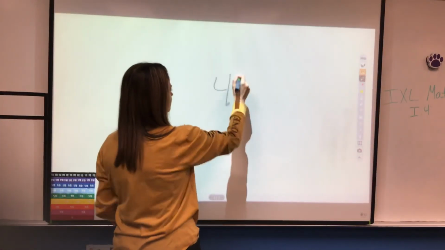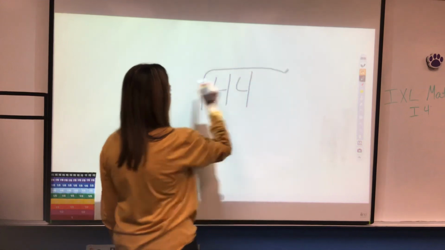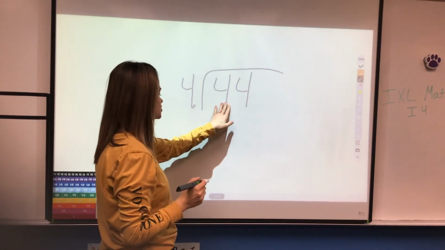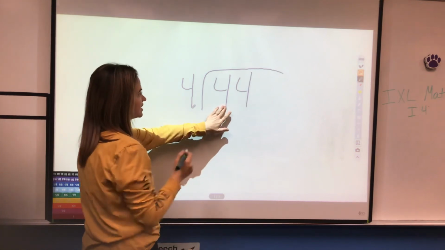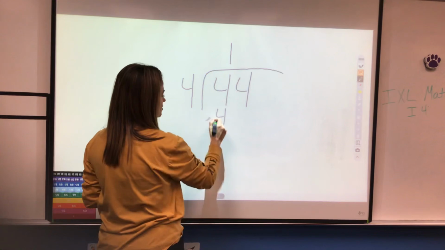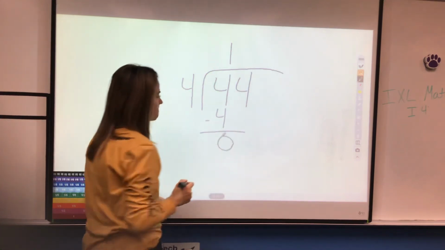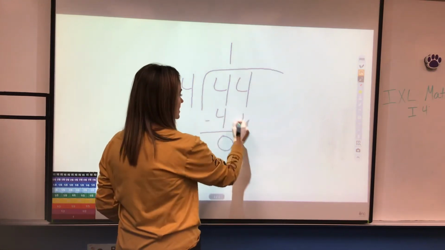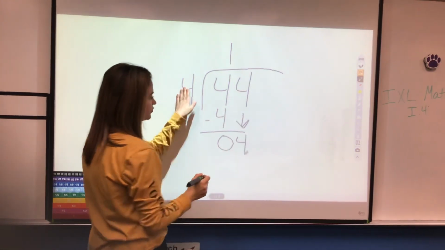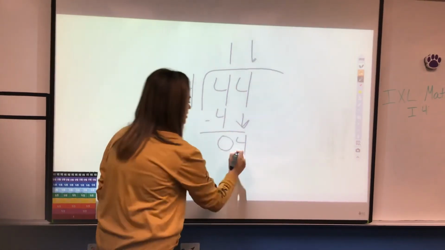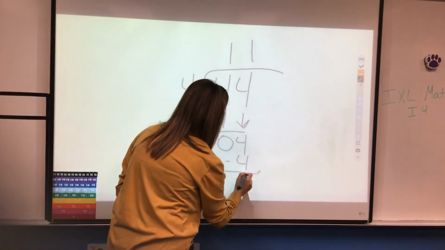So if I do 44 divided by 4, I can divide each individual digit. So 4 gets divided into 4 one time, and 1 times 4 is 4. I still have my number that's left over. I need to bring it down. And again, 4 gets divided into 4 one time, and 1 times 4 is 4.